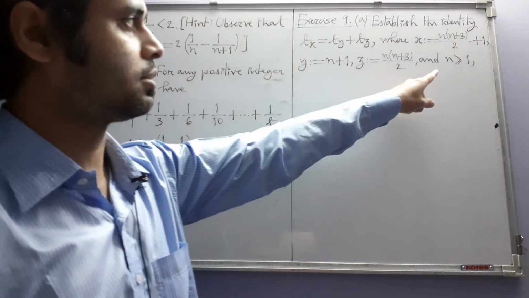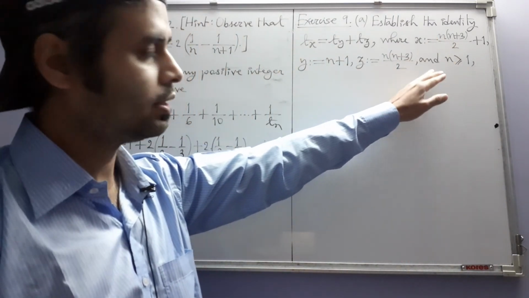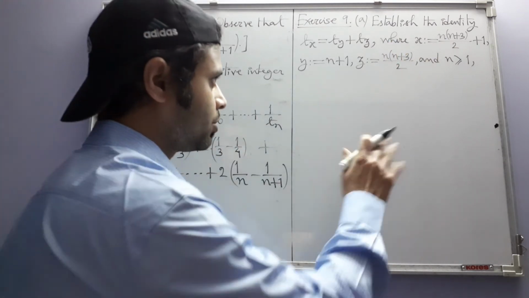You see, this is one such instance where we are not saying that n is an integer. It is understood n is a positive integer.